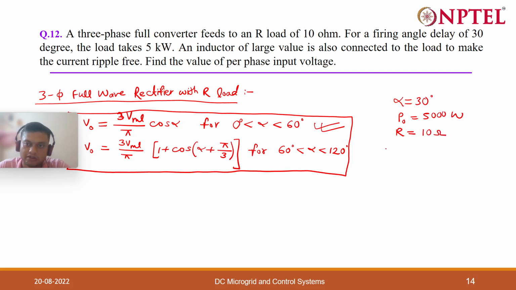So you can write P naught as V naught square divided by R. So you will get V naught as under root 50,000 watt. Now you just put this V naught in the first equation, that is 3 VML divided by pi cos alpha. Did anyone get the answer?